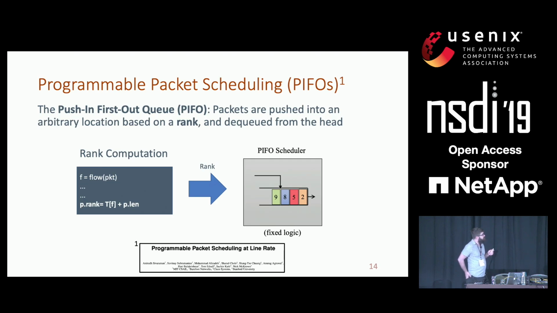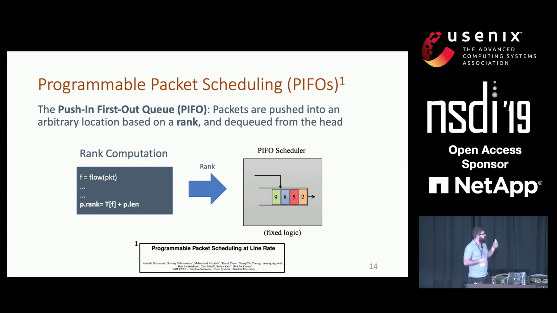Okay, and for this, we have the push-in, first-out queue (PIFO) as our fundamental primitive for programmable scheduling in networks today. So what we have here is a priority queue where, to compute our scheduling, we're going to compute some sort of rank, then we're going to dequeue from the front.